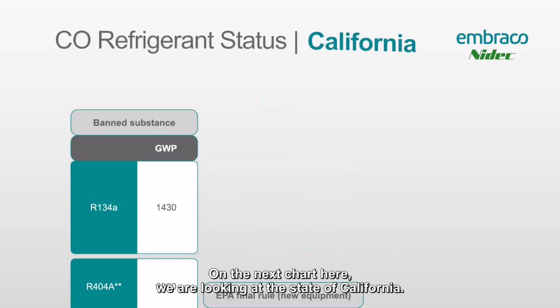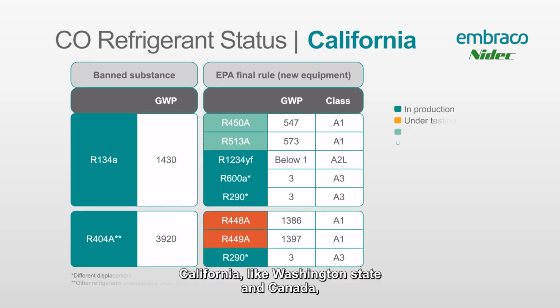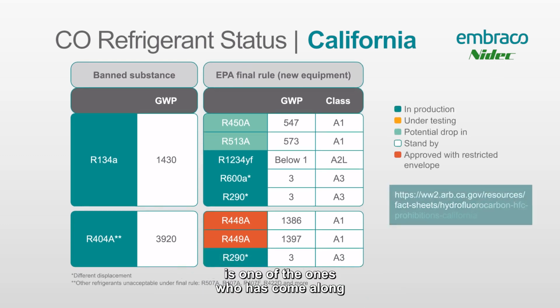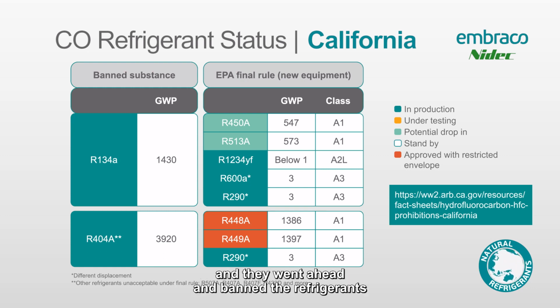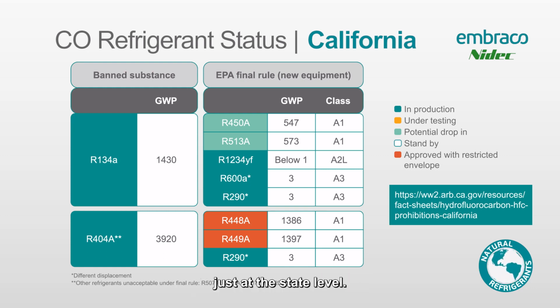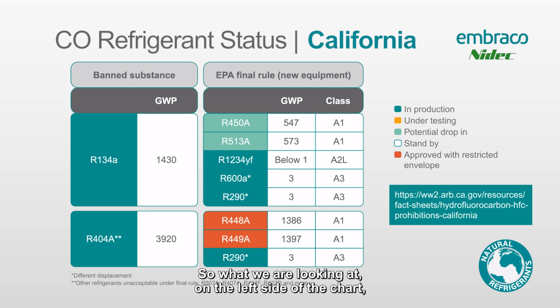On the next chart here, we're looking at the state of California. California, like Washington State and Canada, is one of the ones that has come along when the EPA was shut down from their ban, and they went ahead and banned the refrigerants just at a state level. So what we're looking at on the left side of the chart is the banned substances, specifically R134A and R404A.